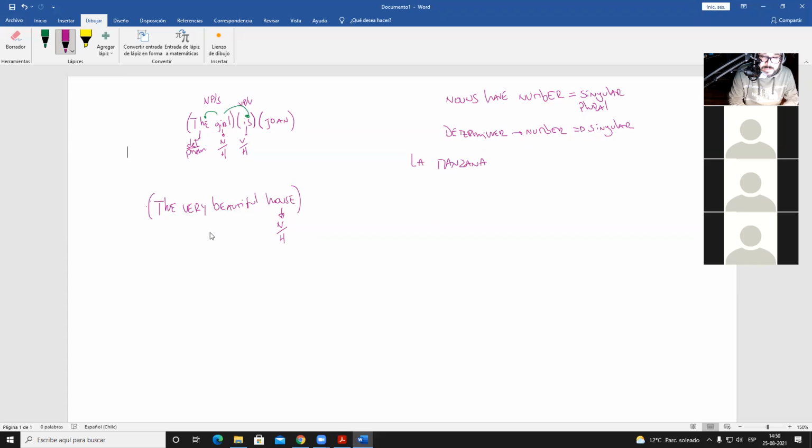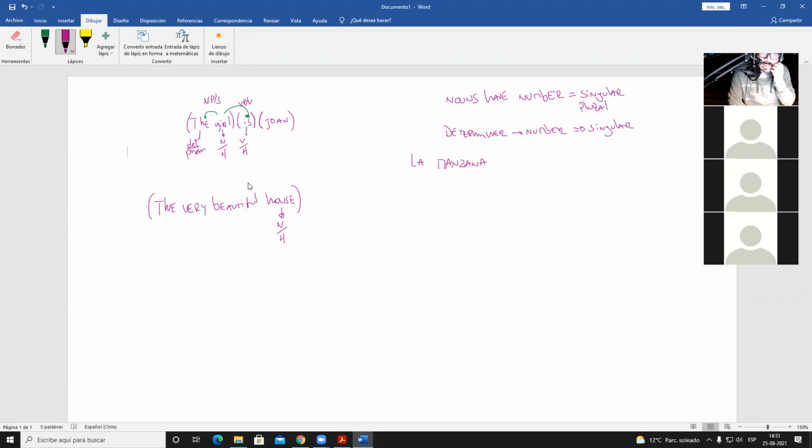The problem deals with the fact that very does not cluster with the noun head house, right? But it clusters with the adjective beautiful, right? In simpler terms, I can say beautiful house or the house, but I can't say very house, right?